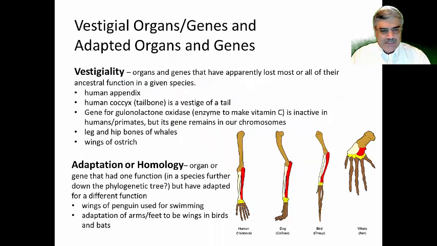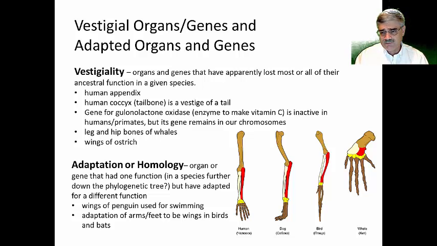Now, the next topic we want to talk about is vestigial organs and genes, and how organs and genes have adapted. Vestigiality is when organs and genes have apparently lost most or all of their ancestral function in a given species. A typical example is the wings of an ostrich.